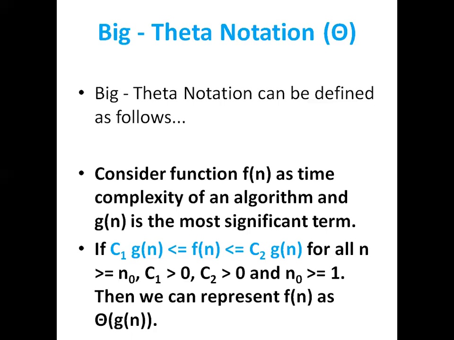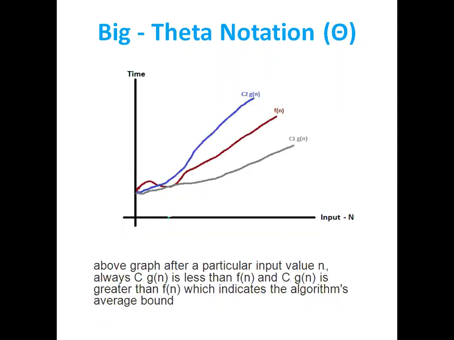So c1 into g of n is always less than or equal to f of n, and c2 into g of n is always greater than f of n. So for all values of n, all positive values of c1 and c2, if this equation is satisfied, then it can be denoted as f of n is equal to theta of g of n, and the graphical representation is this.